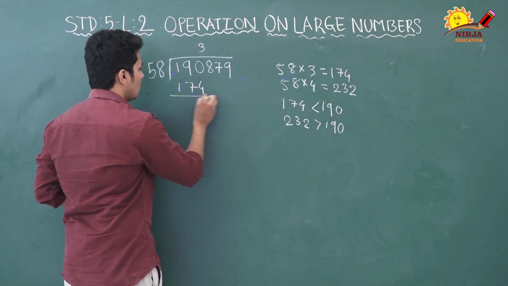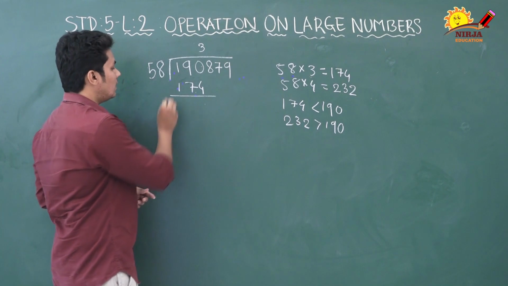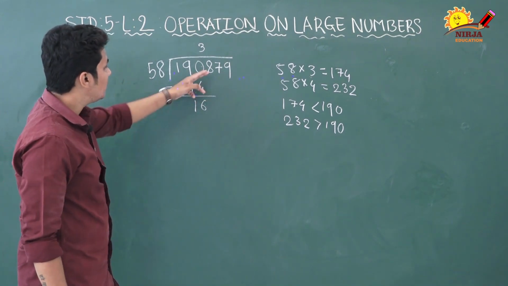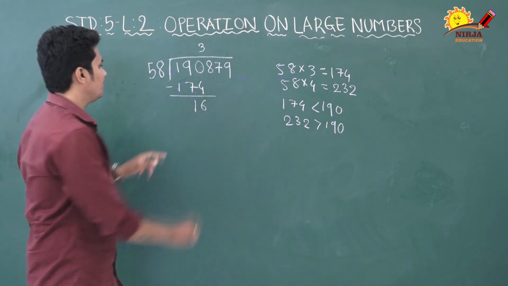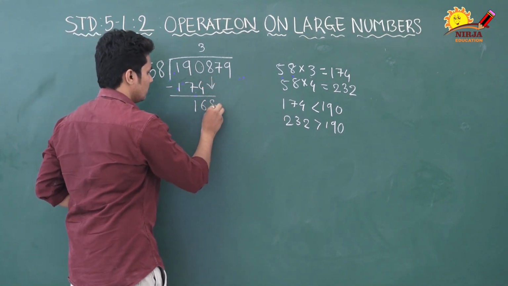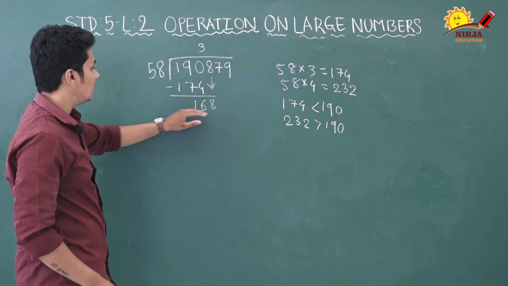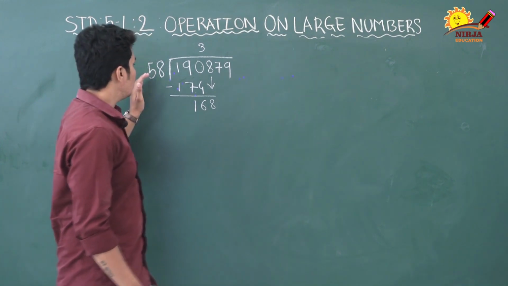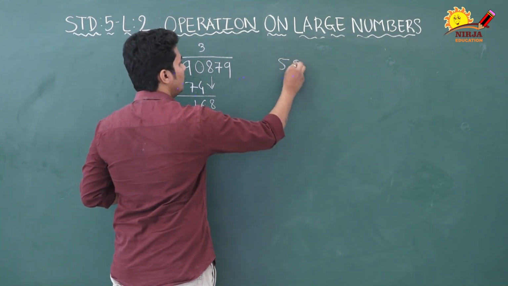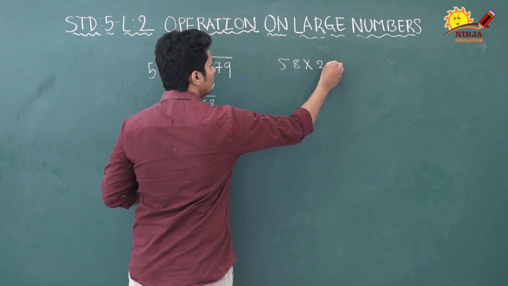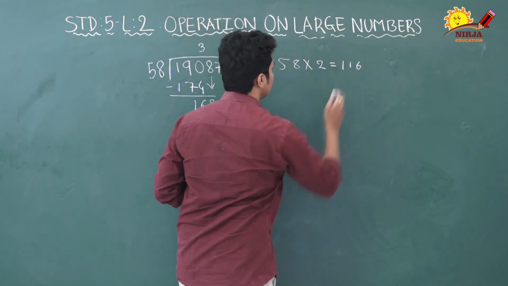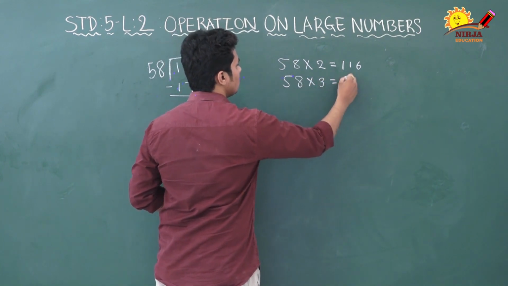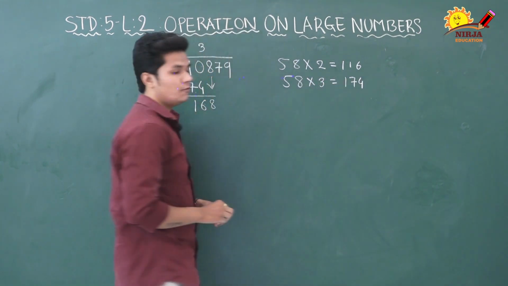Now let's subtract 174 from 190. So we get 16. Now let's bring down the next number here. Okay. So now the number is 168. Now let's divide this number by 58. Okay students, now we know that 58 multiplied by 2 is 116 and 3 times 58 is 174.